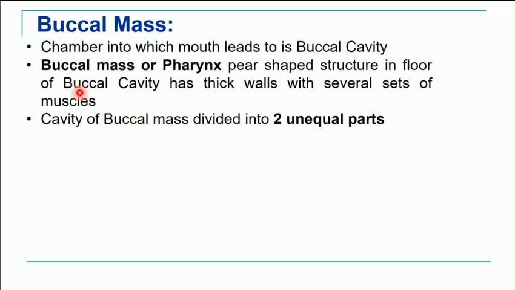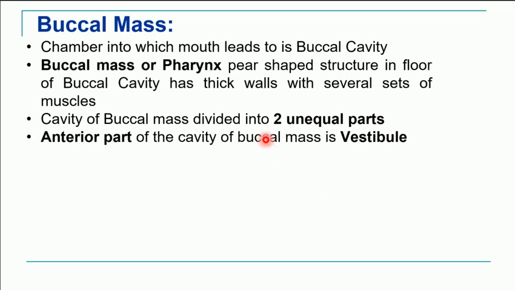Now if we see the structure of the buccal cavity, it is divided into two unequal parts. The anterior part of the cavity of the buccal mass is called the vestibule, and the posterior large part is called the buccal cavity.